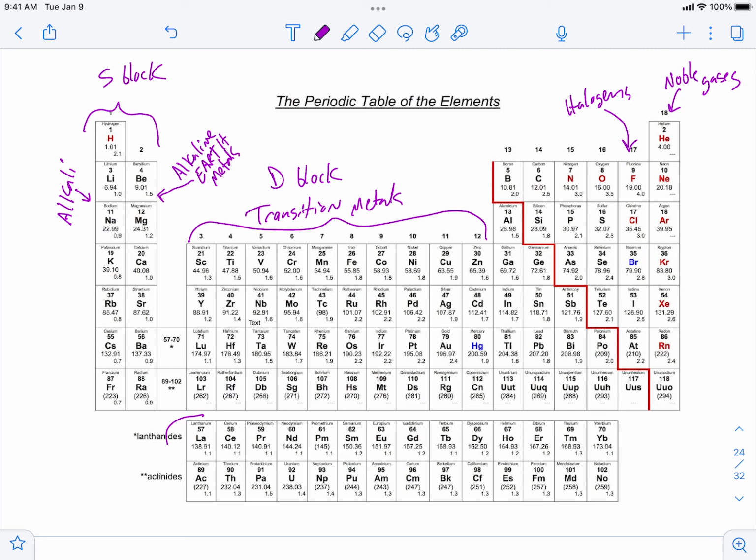these guys down here at the very bottom, remember how I said that these guys were supposed to fit in right here? How they were pulled out just to make the periodic table a little bit more aesthetically pleasing, a little easier to read. These guys are called the inner transition metals because they have to be placed back in. Now the two of them collectively are known as the F block.